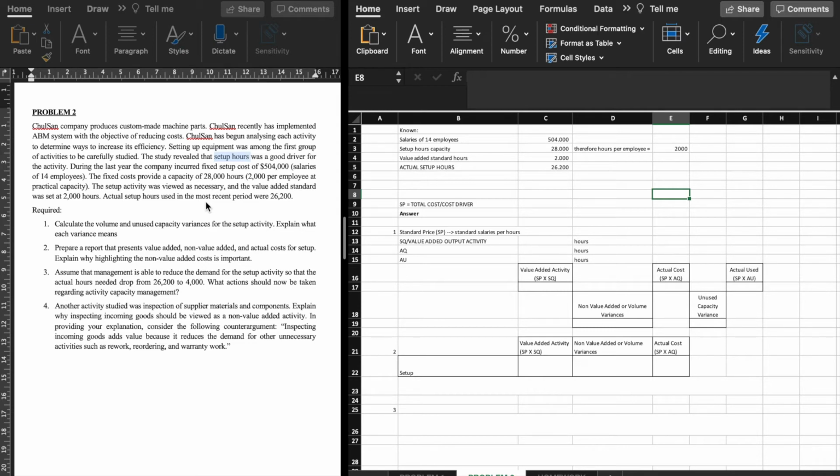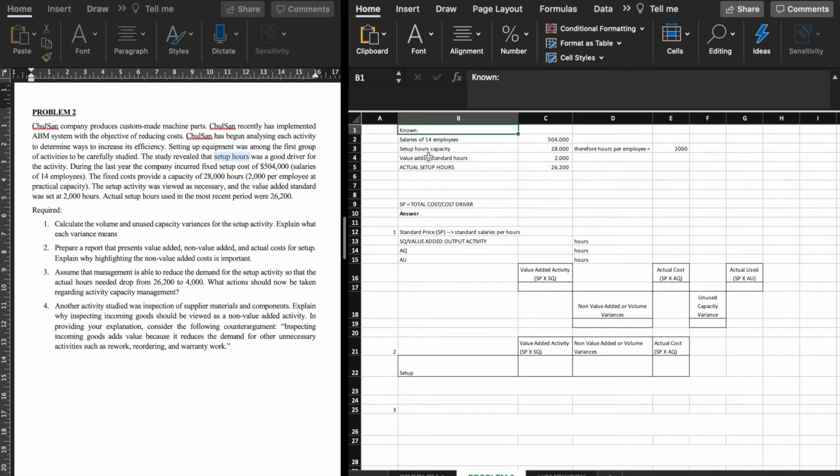The value added standard was set at 2,000 hours, and actual setup hours used in the most recent period were 26,200. We are required to calculate the volume and unused capacity variances for the setup activity and explain what each variance means.